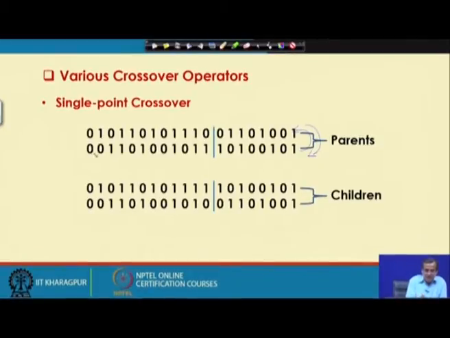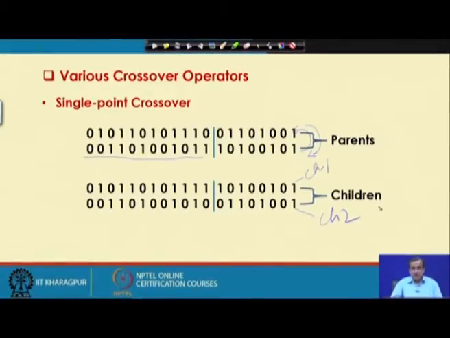But the left hand side of the crossover site will remain the same. There will be no change. If you follow this principle, then from the two parents PR1 and PR2, I will be getting two children. This is child 1, and this will be child 2.